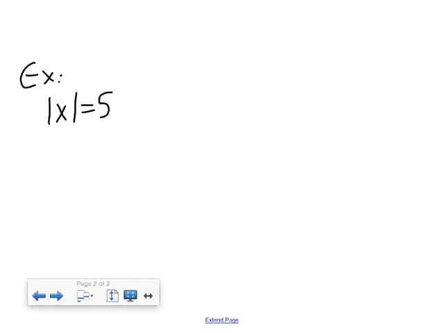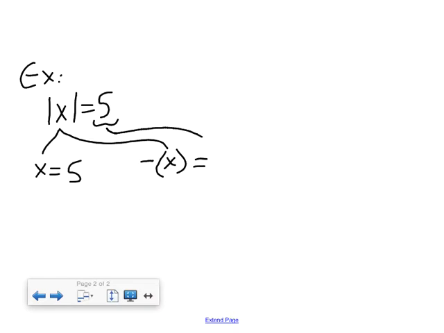The way we're going to set these equations up when they get a little more complicated is we're going to take whatever's inside the absolute value and set that equal to what's on the right. And then we're going to say the opposite of whatever's inside the absolute value is also equal to whatever's on the right.